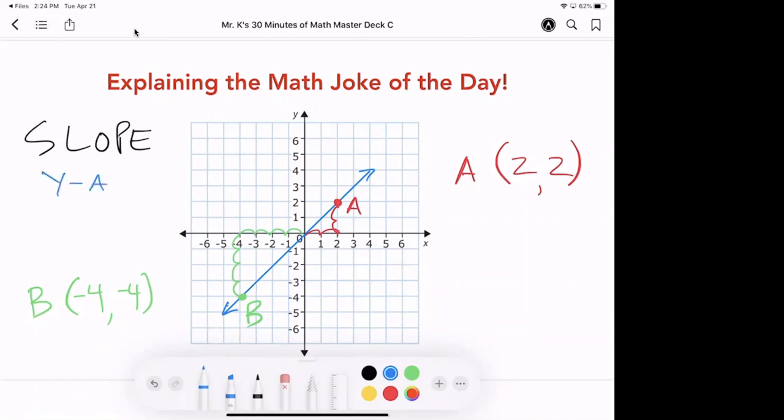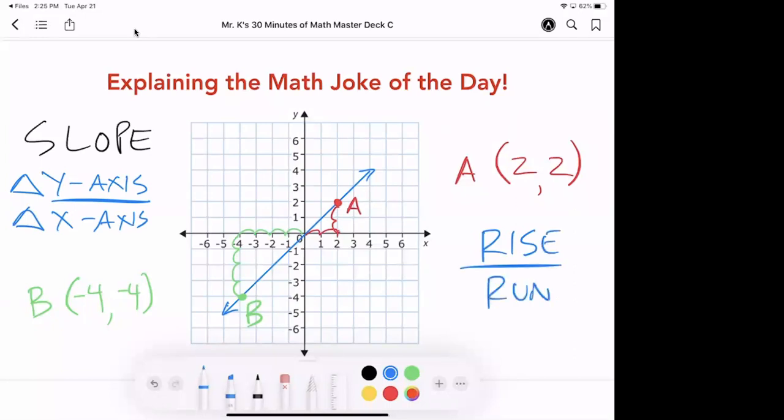So let me explain. There's a simple way of remembering that, which is, by the way, this little triangle means change. Rise, how much it rises, over how much it runs, meaning how much it goes up or down versus how much it goes across. So here we go.